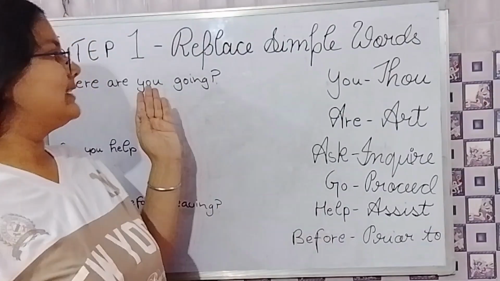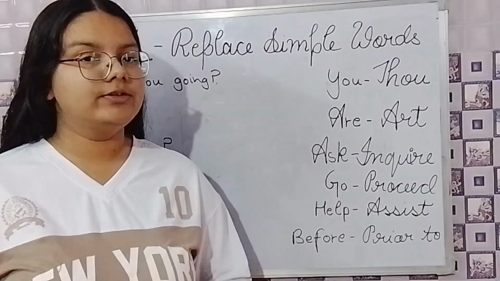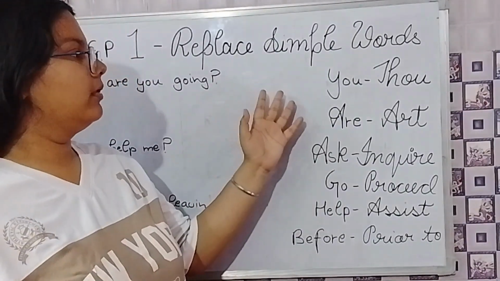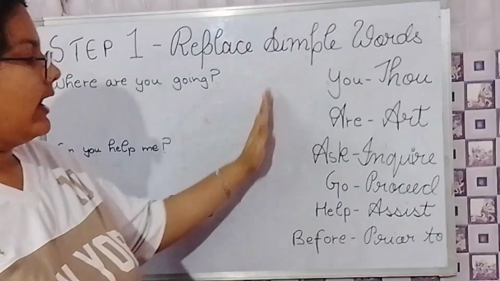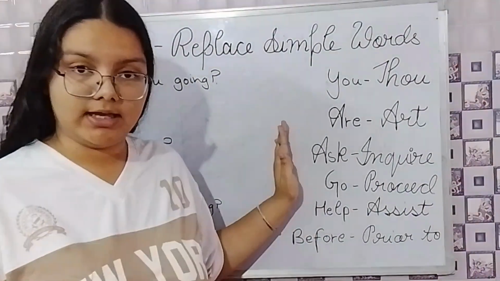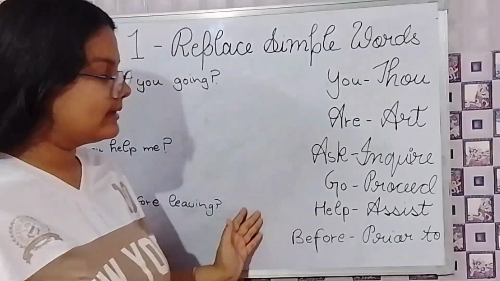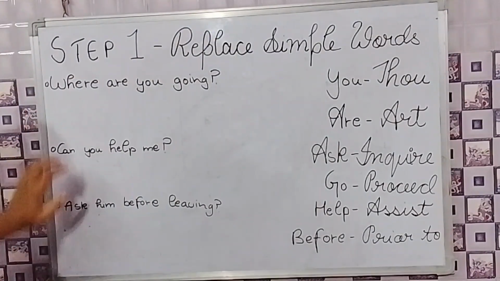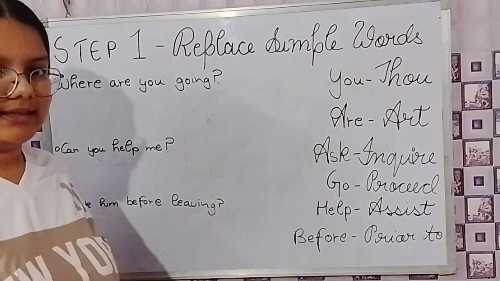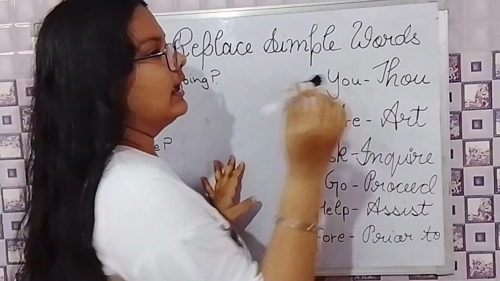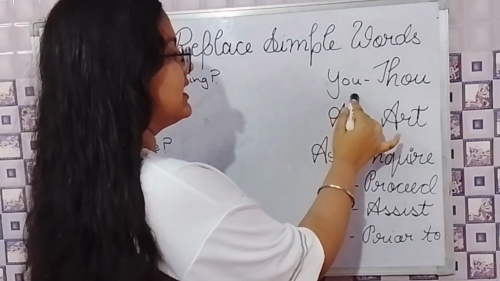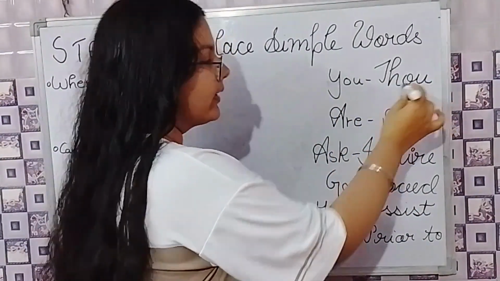For the first step, we learn how to replace simple words with Victorian English words. Here are some examples of the words, and then using these examples, we'll solve some other sentences. For example, you see the word you here. In Victorian English, you changes into thou.